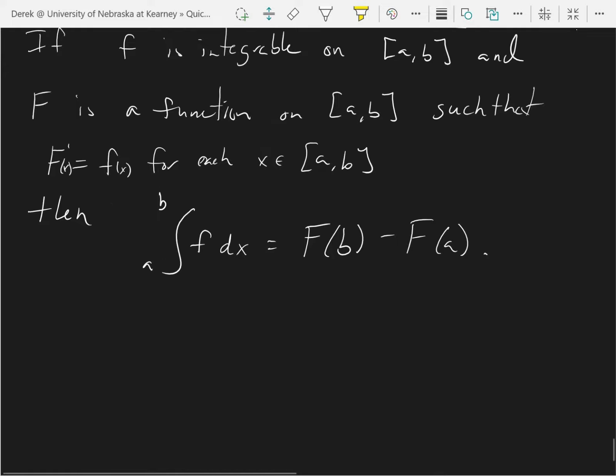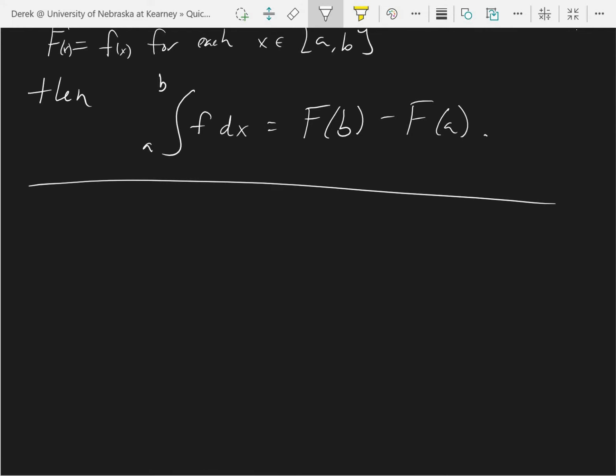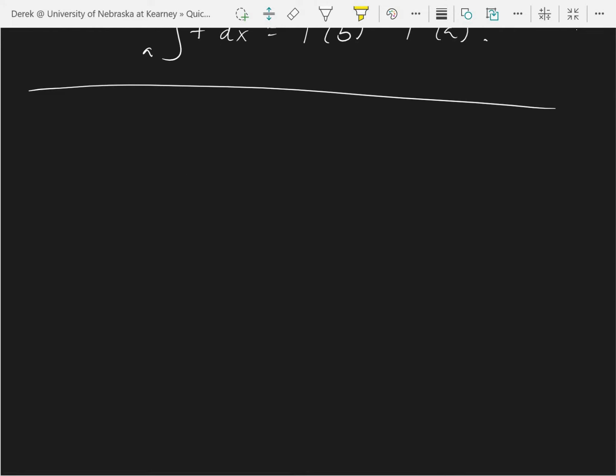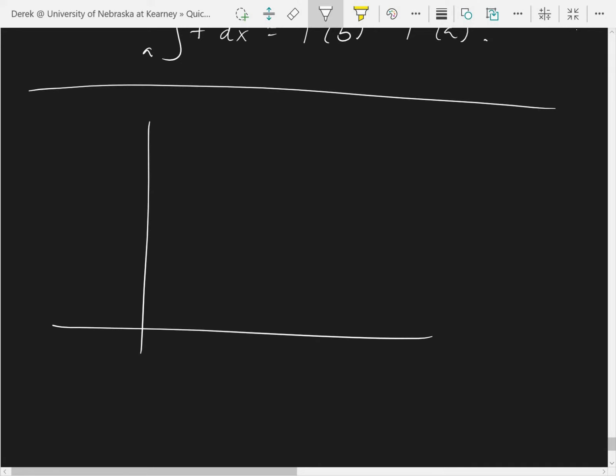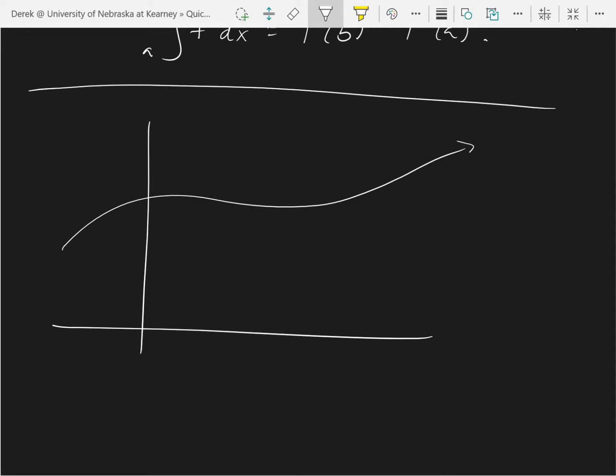Let's see how this one's going to work with a picture. Let me get a graph here. I want this to be sort of an increasing graph.